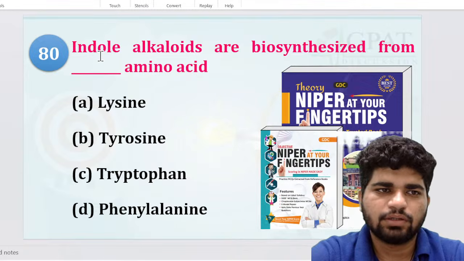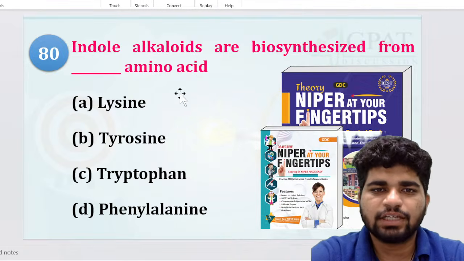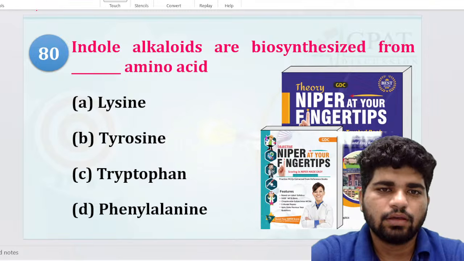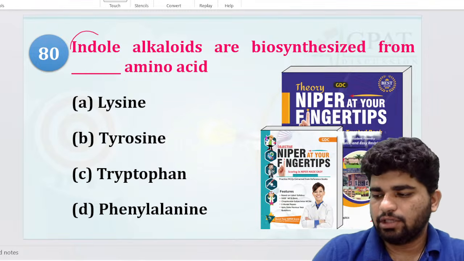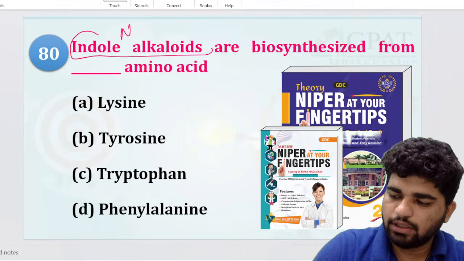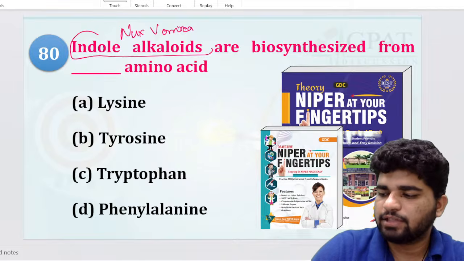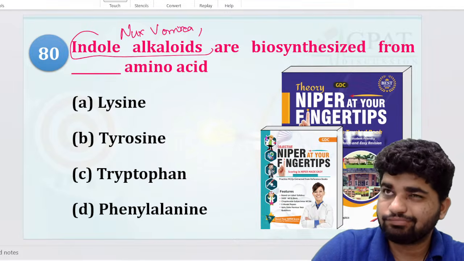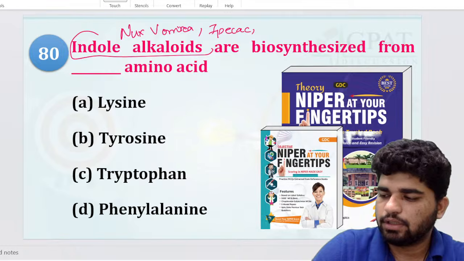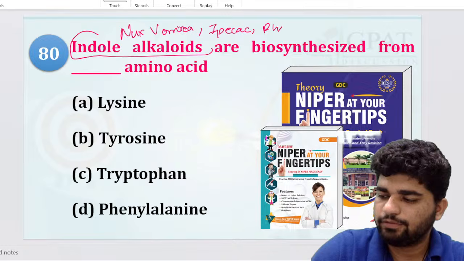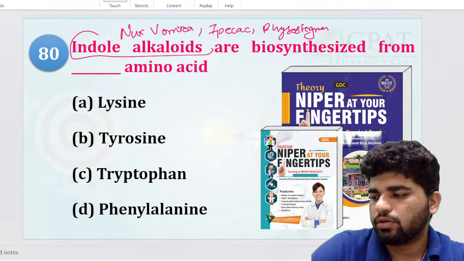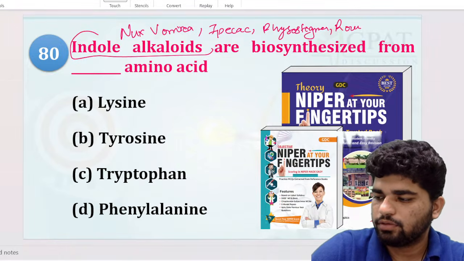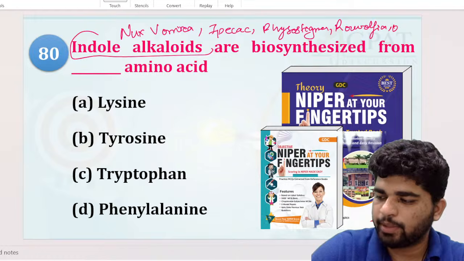Now this one. Indole alkaloids are biosynthesized from which amino acid? Indole alkaloids, that is your Nux vomica, as well as Ipecac, also Physostigma, and Rauwolfia, as well as opium.